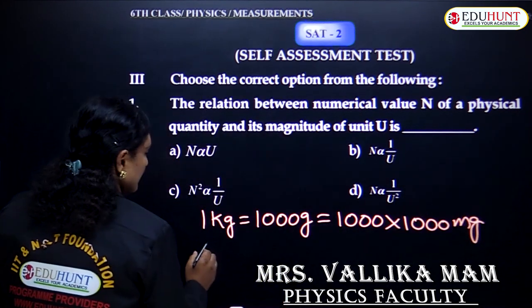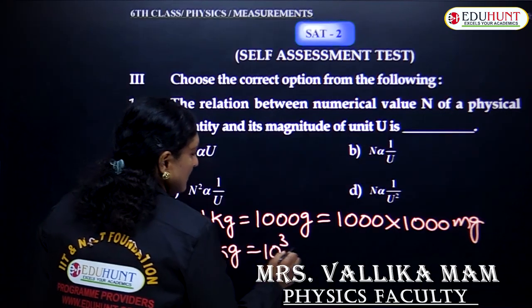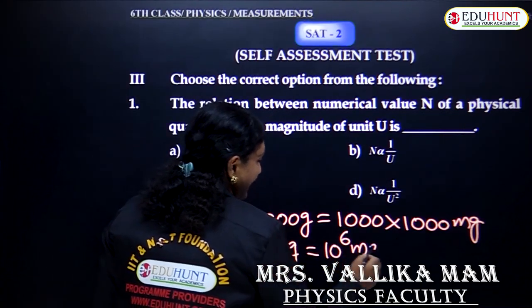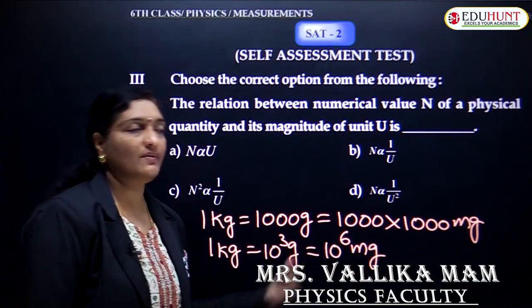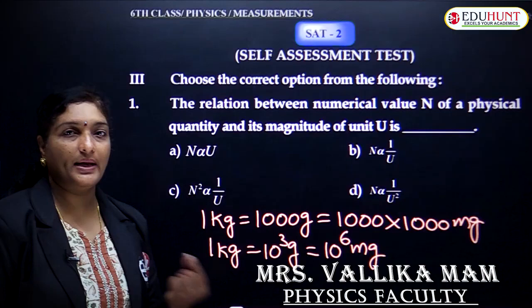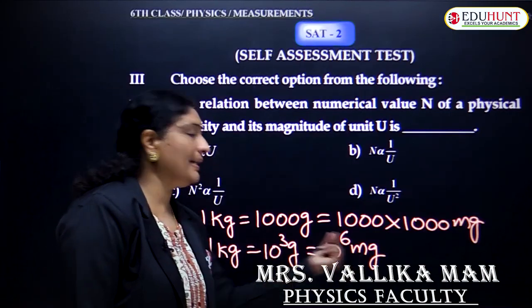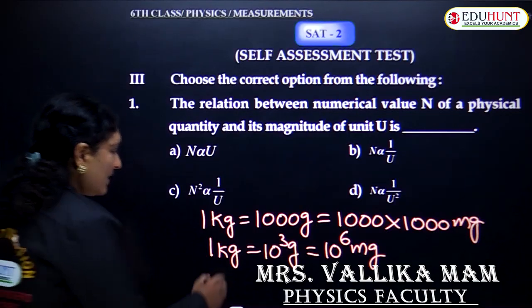Hence, it's very clear that 1 kilogram is equal to 10 power 3 grams, which is also equal to 10 power 6 milligram, where 10 power 3 and 10 power 6 represent the numerical part, whereas kilogram, gram and milligram represent the units. So from this we can conclude this.